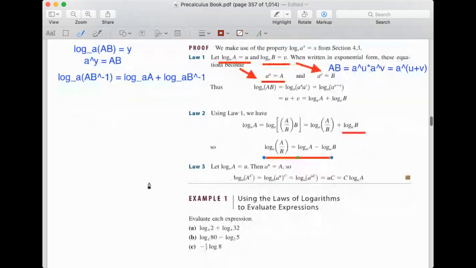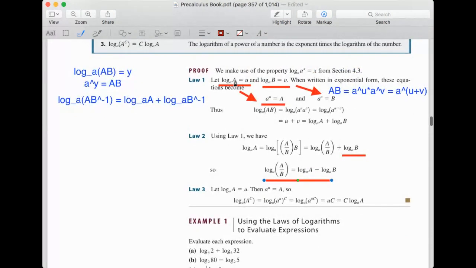Okay, let's see this proof. So we have log a raised by c. Remember we read log a as u, right? So that means a raised by u is a, right here.